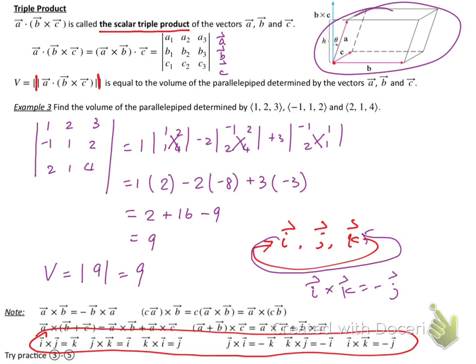You are doing k, j, i, k, j, i, then it's okay. j cross i gives you the previous, which is k. But since you are going against the order, you are getting a negative one. So j cross i gives you negative k, k cross j gives you negative i, and i cross k gives you negative j.